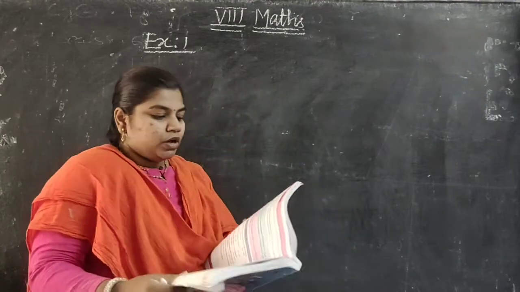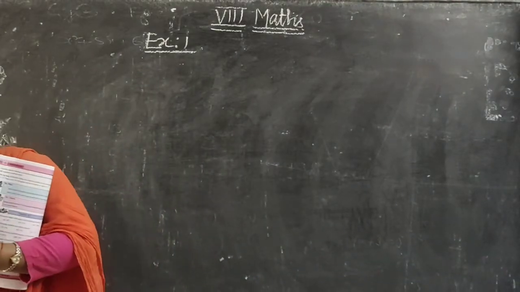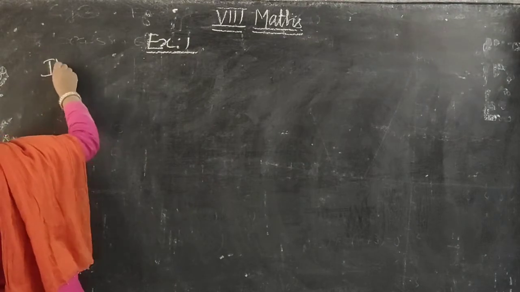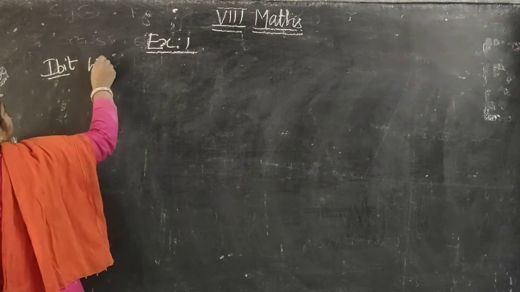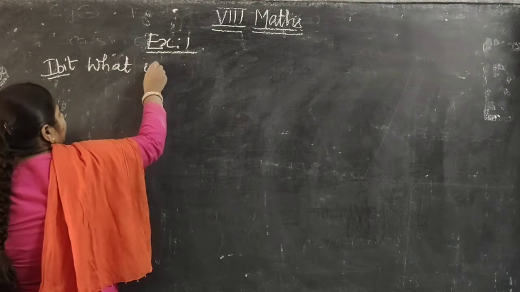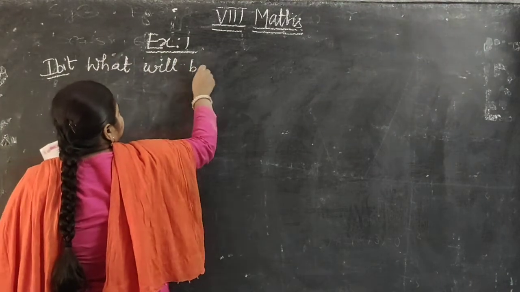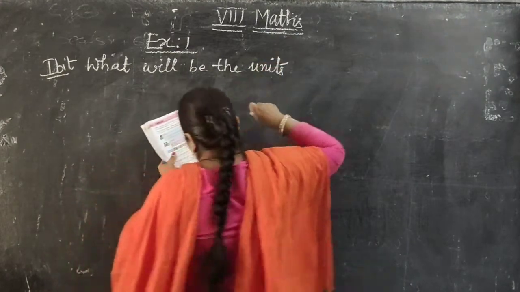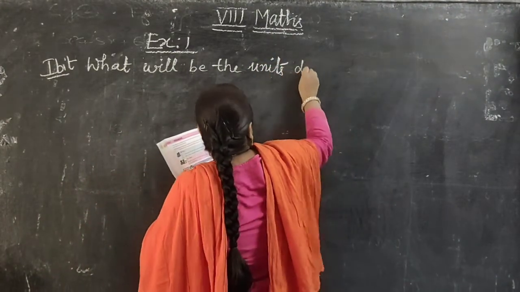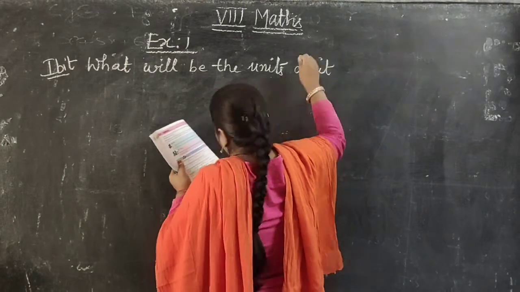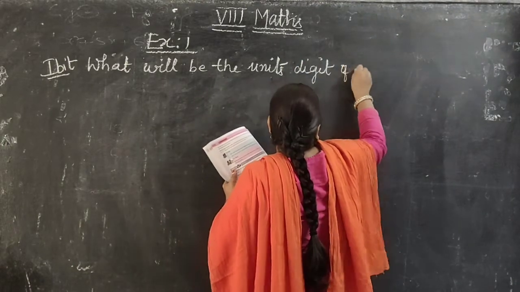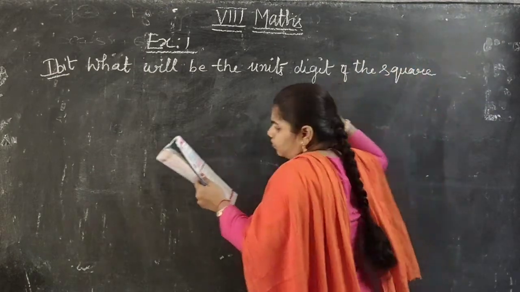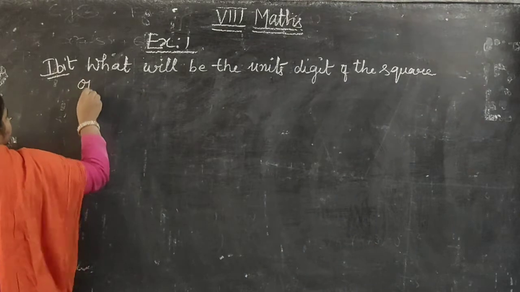So what is the first question? What will be the units place of the square of the following numbers?